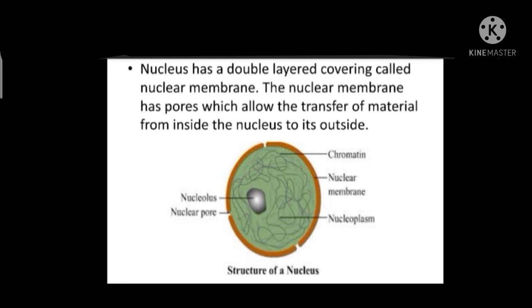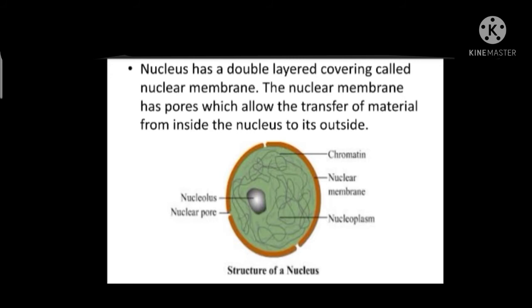Okay, so what stains can be used? For plant cells, we can use iodine solution or even safranin, and normally for animal cells, we can use methylene blue. It is not that only methylene blue can be used for staining animal cells and safranin for staining plant cells. It is not like that. For different cells, different types of stains can also be used.